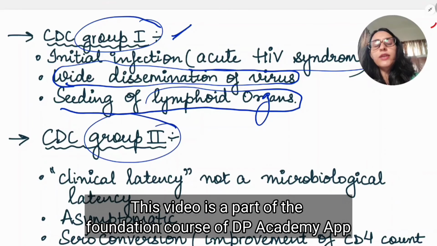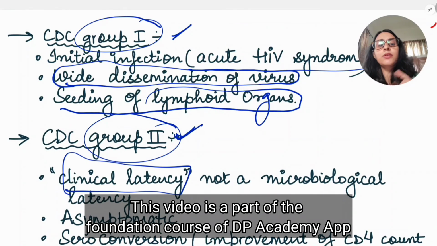Next is CDC group 2. In CDC group 2, now the patient is not showing any symptom, and in fact patients are in denial mode. Even if you tell these patients that you are HIV positive, they won't accept it, because they'll say, I'm not showing any symptoms, I don't have any problem, why should I start with antiretroviral drugs? Basically, why should I start with anti-HIV drugs? So patients are in denial mode. The reason is that clinically this disease is latent for CDC group 2 individuals.